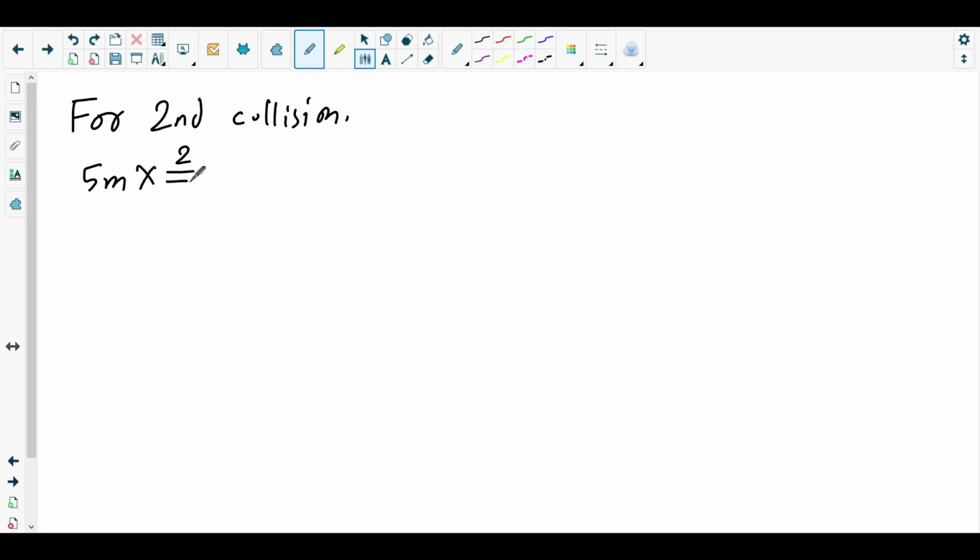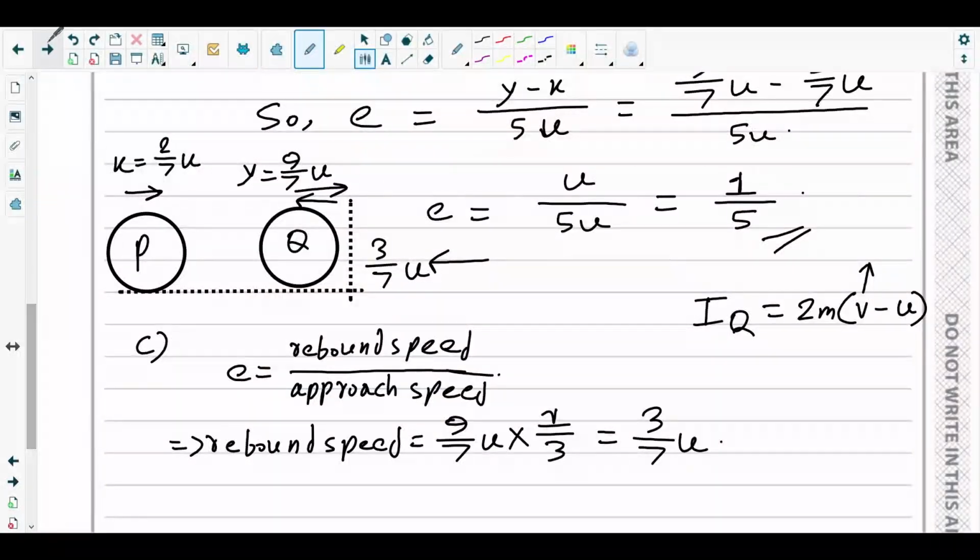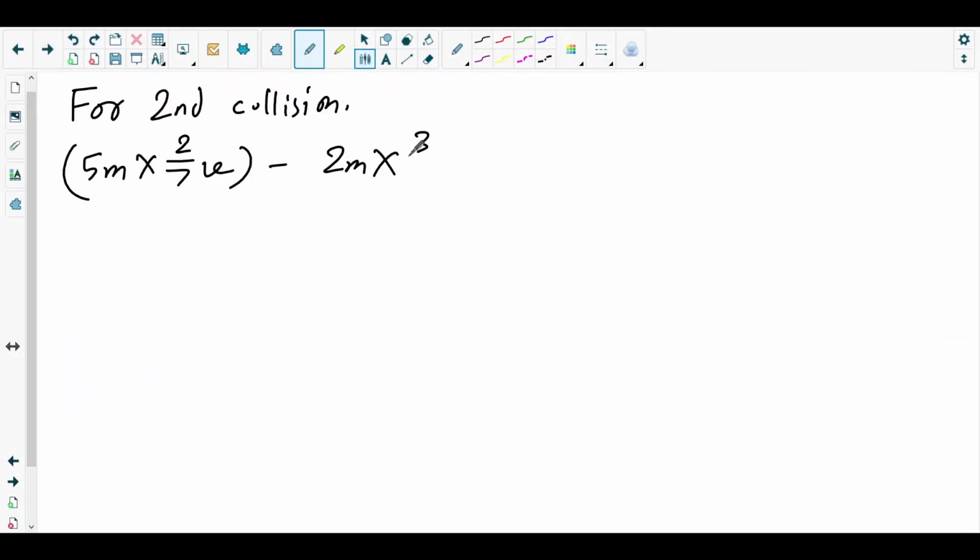So 5m times 2/7u, plus m2u2: particle Q is moving in the left direction, that's why negative, 2m times its rebound speed, which was 3/7u, equals m1v1 plus m2v2. Let the velocity of particle P after the second collision be w, and the velocity of particle Q after the collision be z.